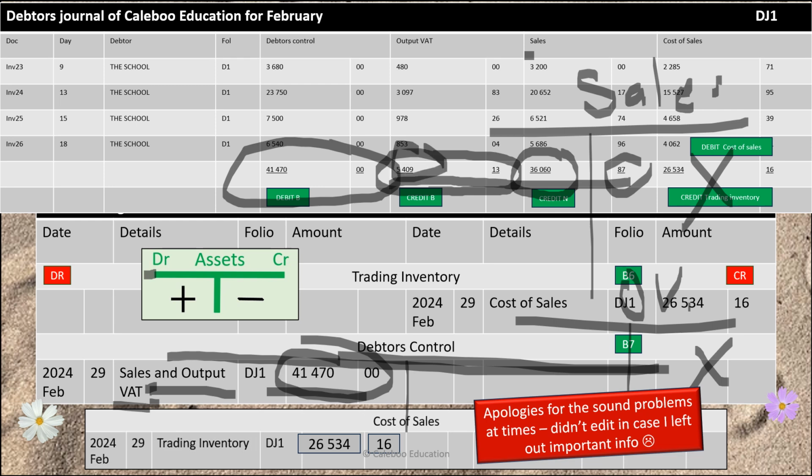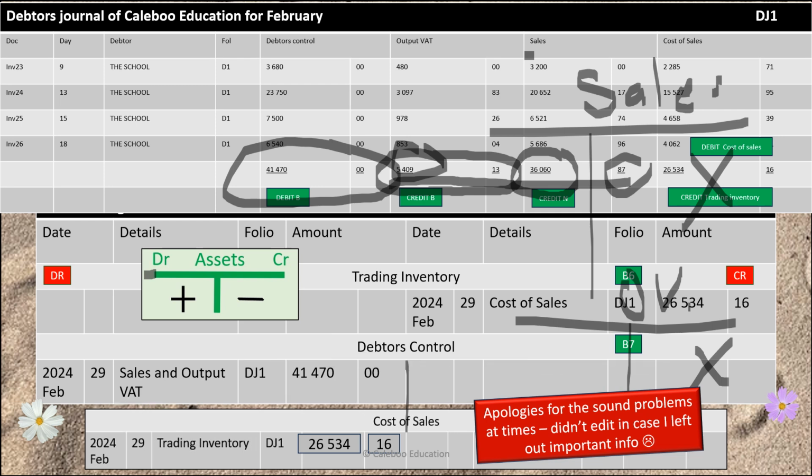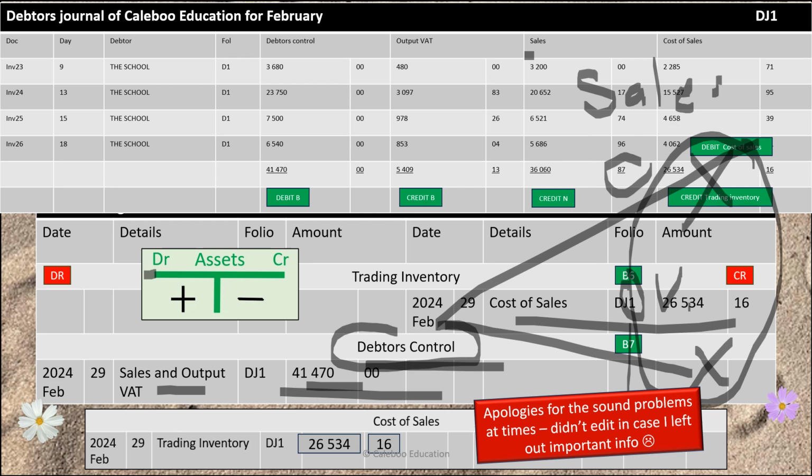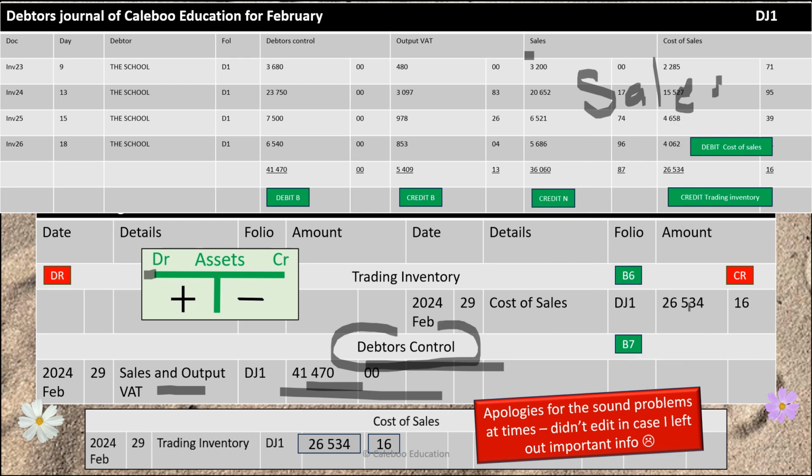I'm going to do those two accounts, but I just want to point out here why under details in the debtors control account there are two other accounts. For your debits to equal your credits, the total amount debtors control includes VAT, and there's sales and output VAT. Those two amounts will equal 41,470, which I pointed out in the journal.